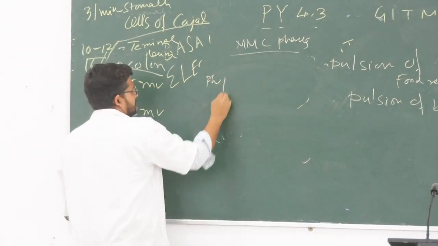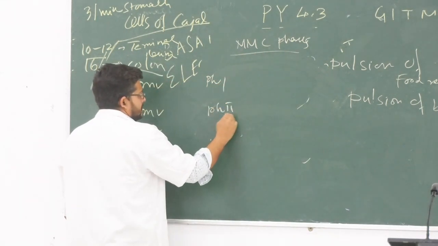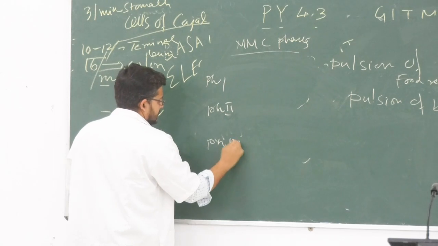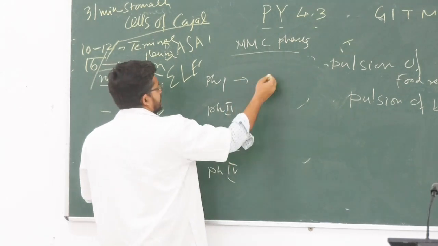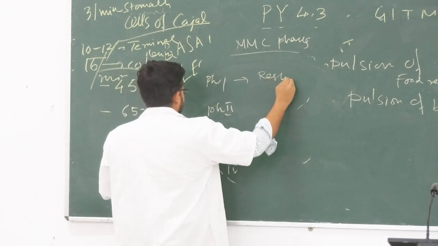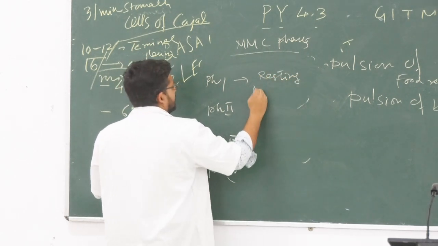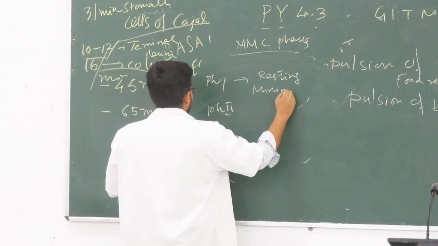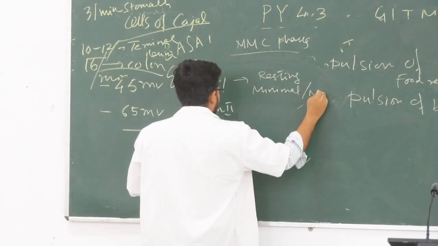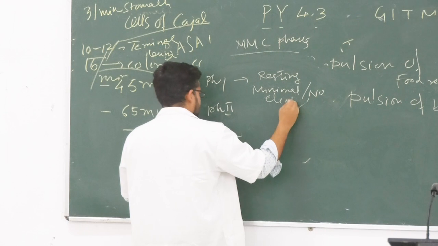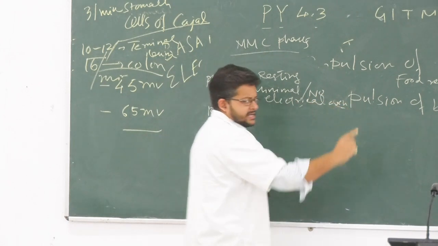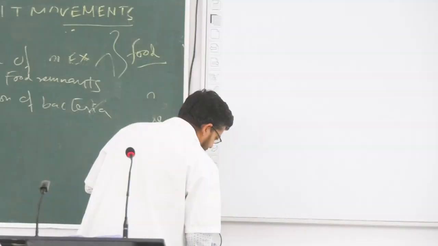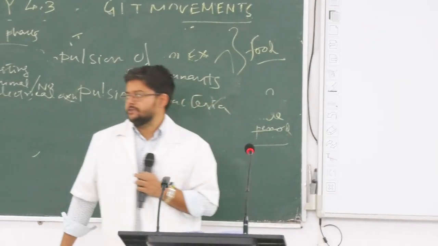Phase 1, phase 2, phase 3, phase 4. Phase 1 is almost a resting phase. Minimal or no electrical activity. You write it as activity, so I can write quickly.